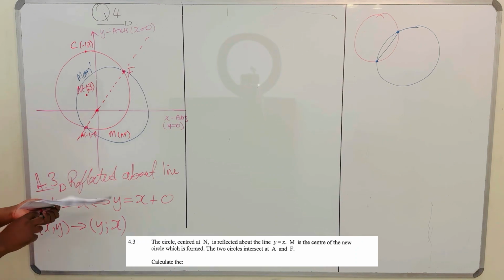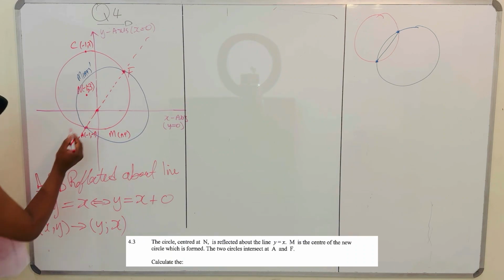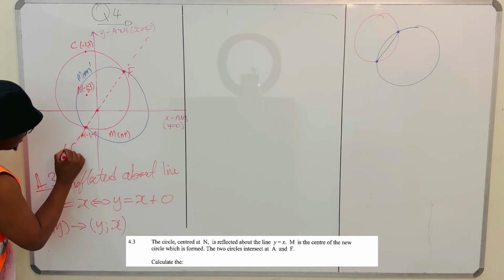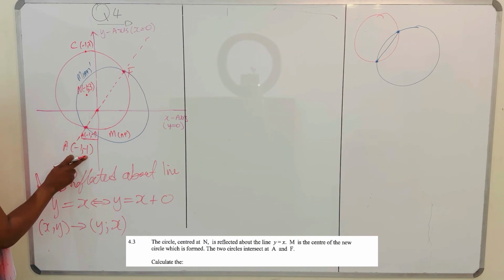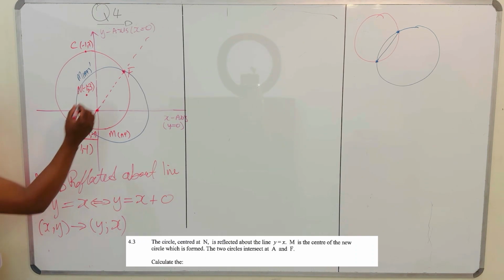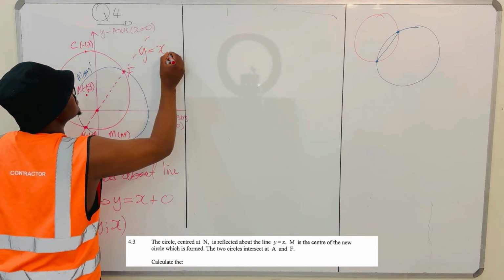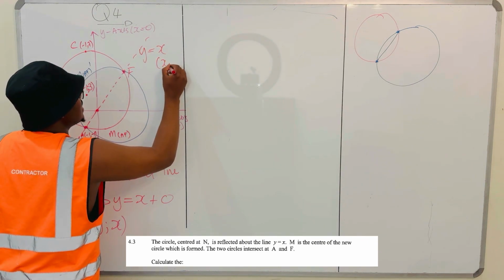So this point A over here, with coordinates 1 and 1, lies on this line, because the points on the line y equals x are always x and x.